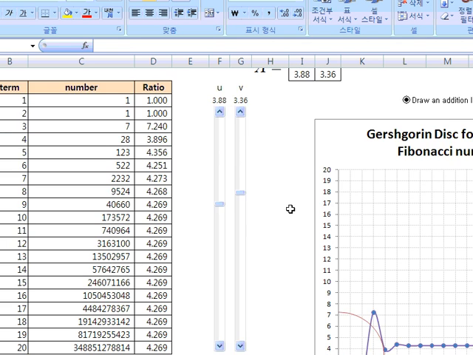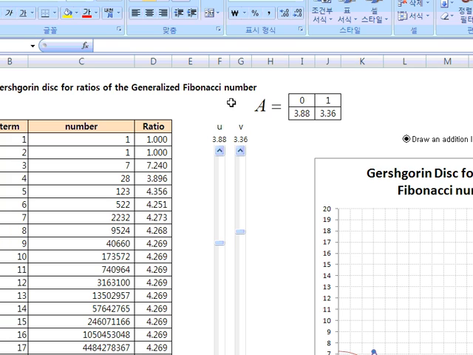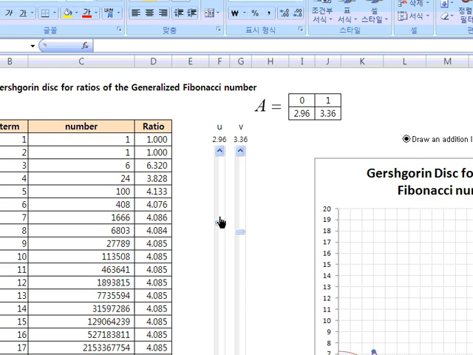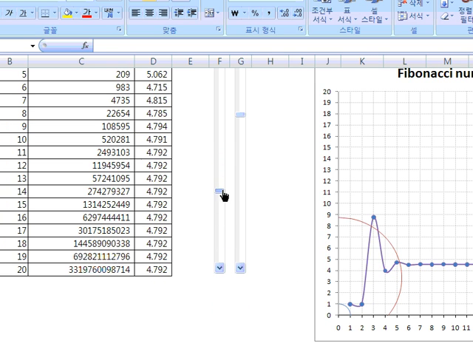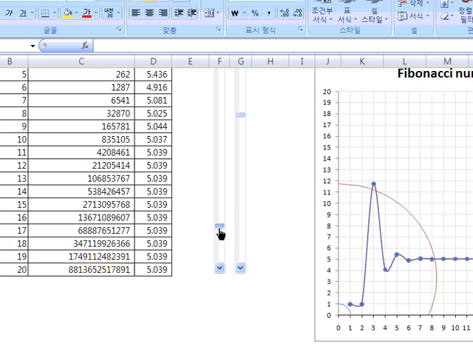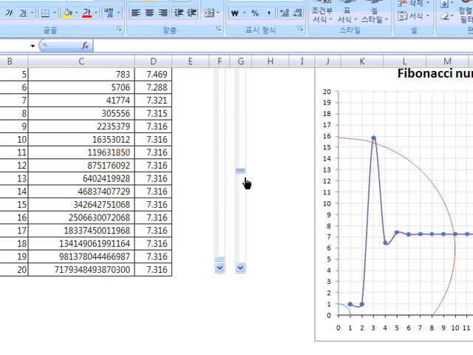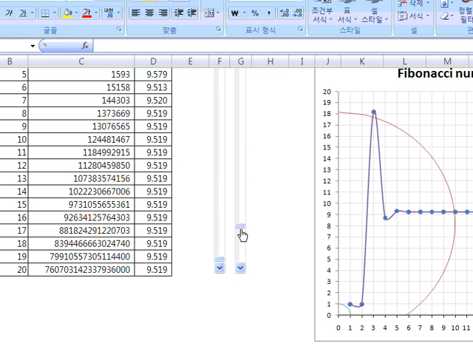So now, for the generalized Fibonacci sequence of size 2 by 2, if this u moves from a small value to a bigger one, it shows how this Gershgorin circle moves, and where the eigenvalues are located.